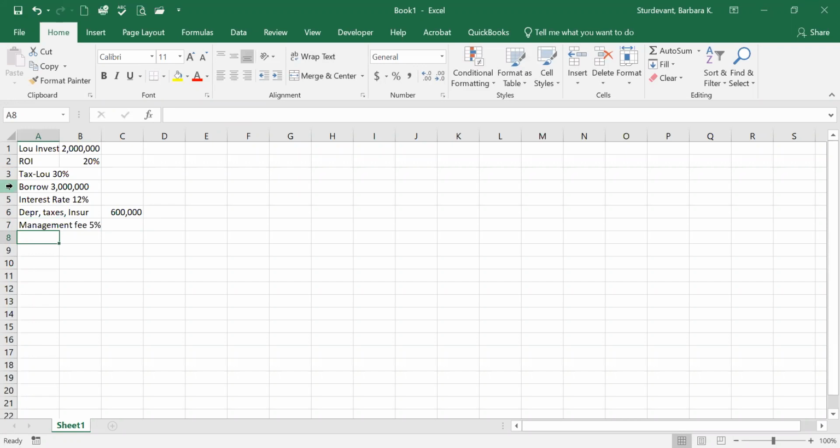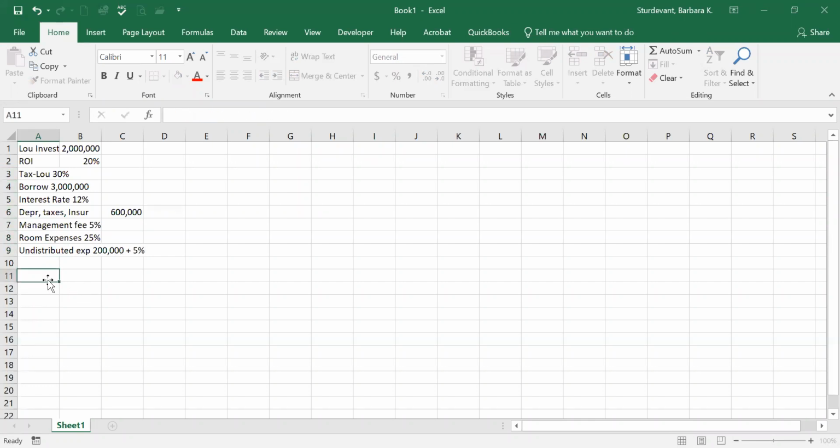Room expenses, of 25%. And undistributed, so we have 200,000 plus 5%.